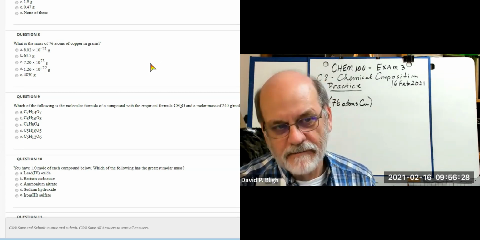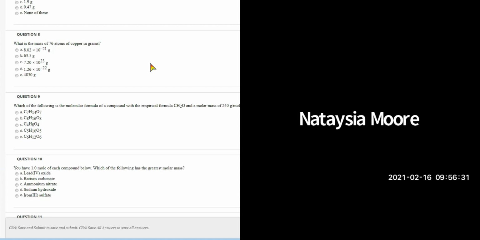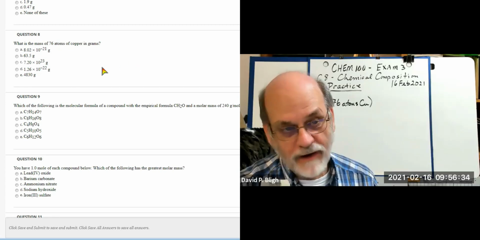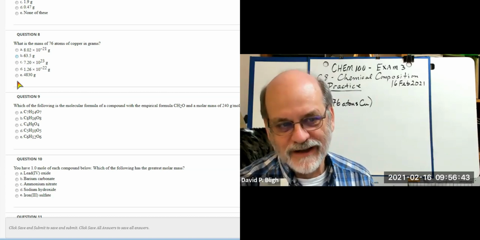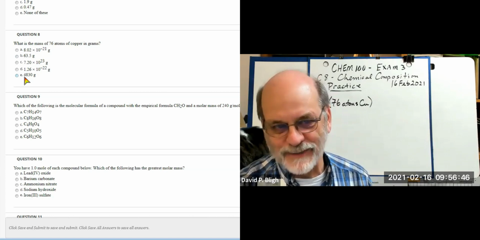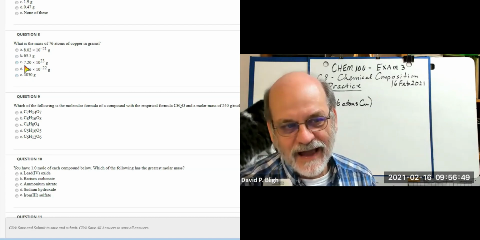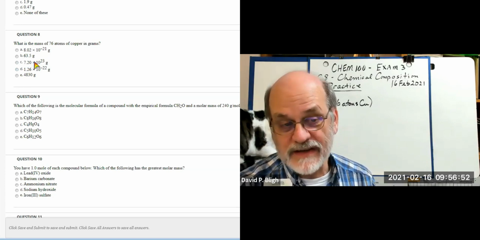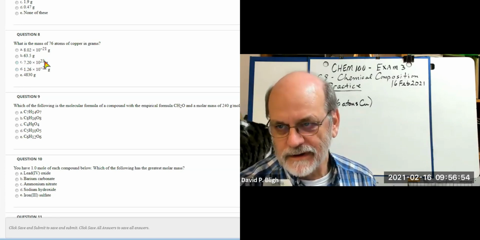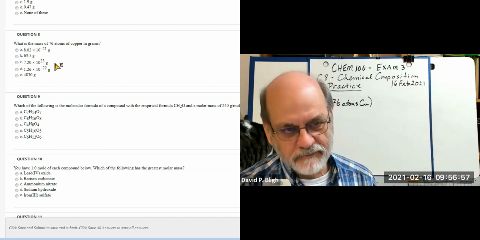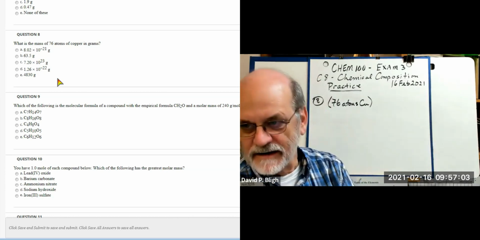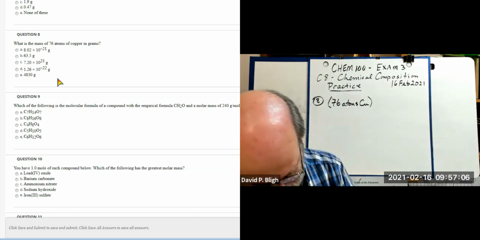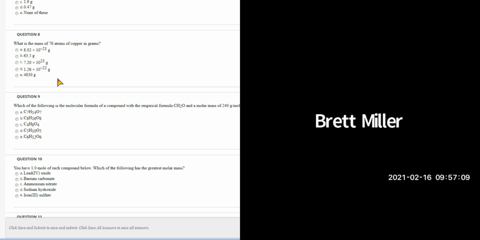Well, okay. We can eliminate 2 right off the bat. Nobody's going to believe that even that many atoms is going to weigh 63.5 grams. That's ridiculous. And definitely not 4,800 grams. So it's got to be A, C, or D. Well, not even C. Look at that, 10 to the 23rd grams. I mean, that's like an aircraft carrier. So it's got to be A or D. What do you think, Brett? A. Yep, that's it.